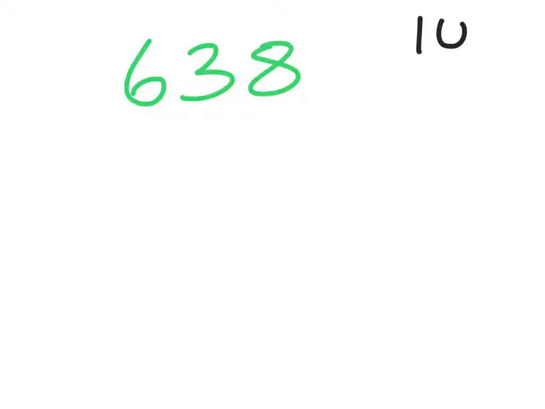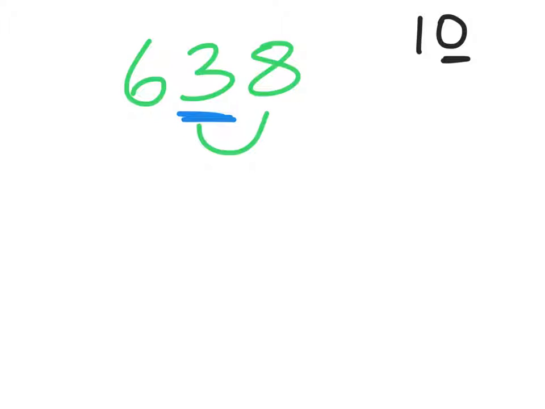If I have the number 638, and I'm going to round it to the nearest 10, remember that the 10 has 1 zero, so I should have at least 1 zero in my answer. So 638, I'm going to look to my tens place value because I'm rounding to the nearest 10. And it's a 3.